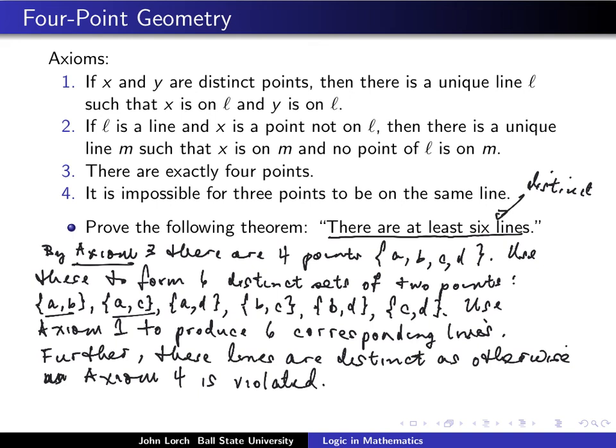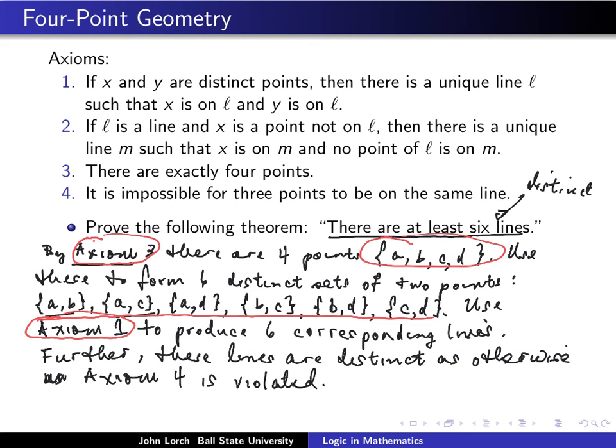What are the common elements of every reasonable proof of this theorem? You would have to start with axiom 3 to get your 4 points. Then you would have to form a set of 6 pairs of points, and then axiom 1 would have to come into play to form 6 lines from those pairs of points.